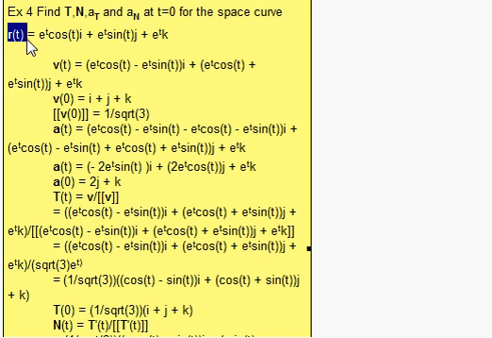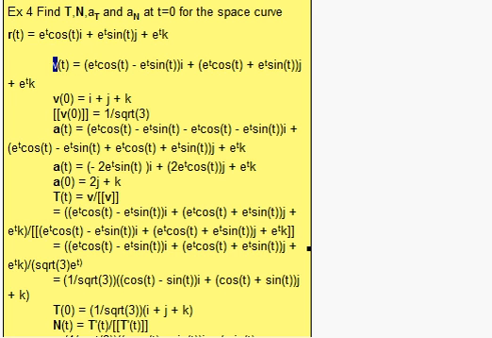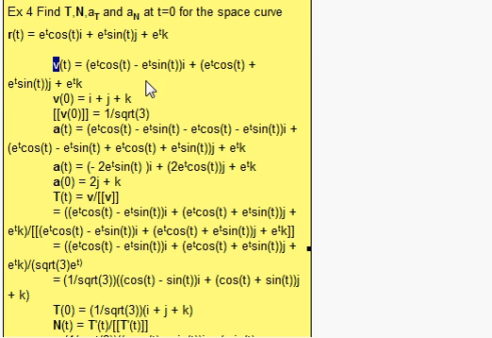The vector valued function r of t equals e to the t cosine t i plus e to the t sine t j plus e to the t k. There we got a little k factor coming into this one. So the velocity vector, of course, is just the derivative of the vector valued function itself.